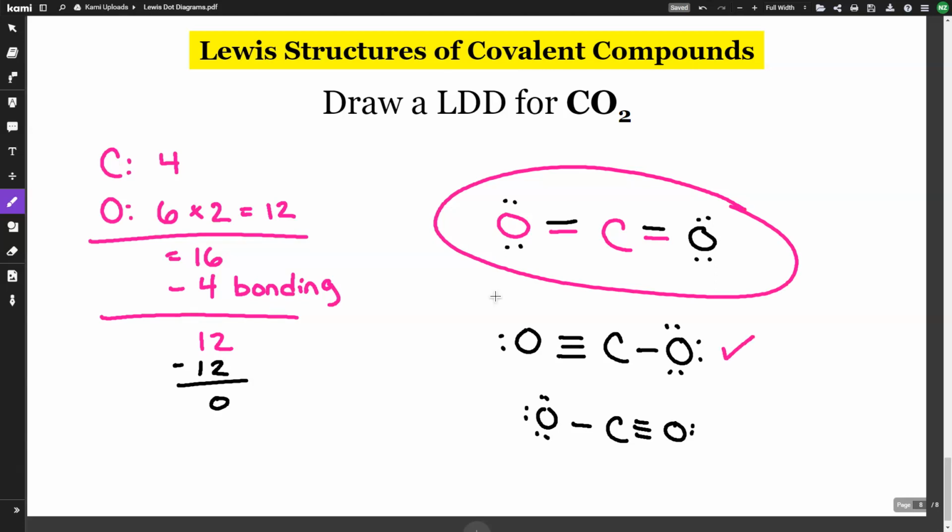These here are also, for the purposes of what we are doing, correct. So there sometimes are multiple ways to draw structures. There is a way to determine which structure is the most correct, but again, for the purposes of what we're doing right now, we'll just say that those other structures are technically correct. And that is how you draw Lewis structures.